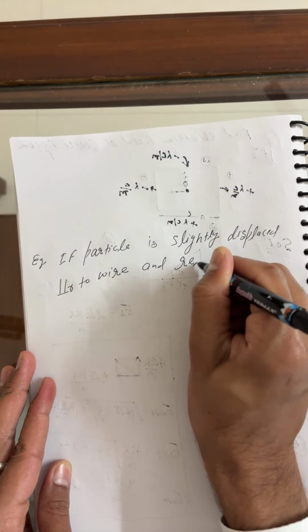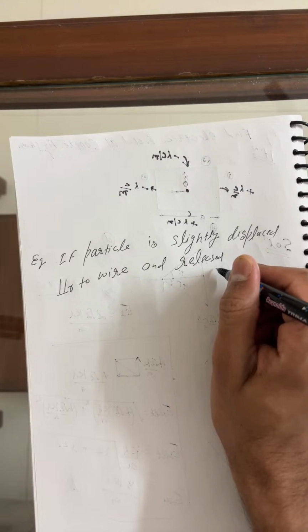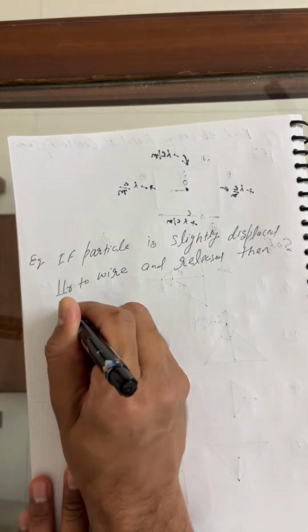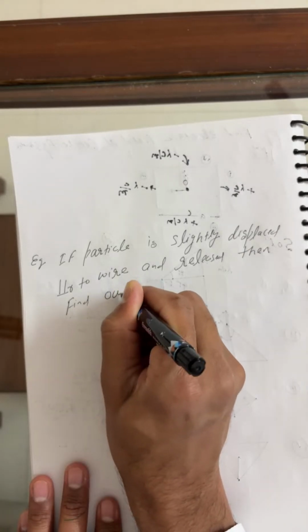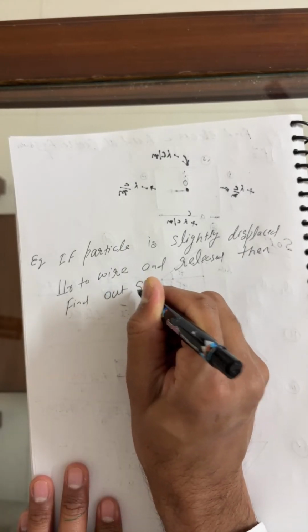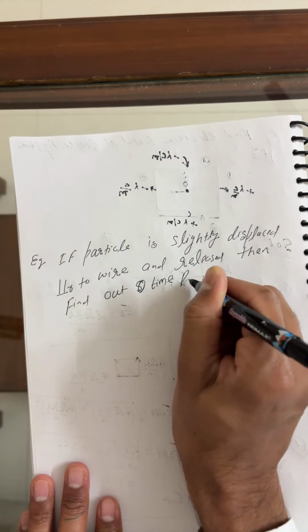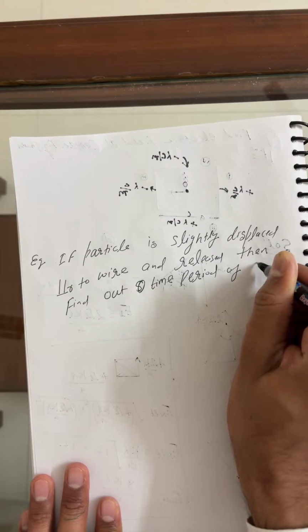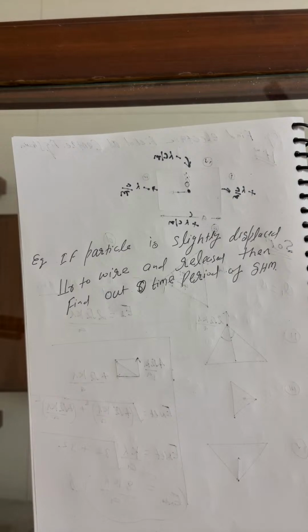I'm just writing here because this is a live session. In a normal class I never do it this way. Find the time period of SHM.